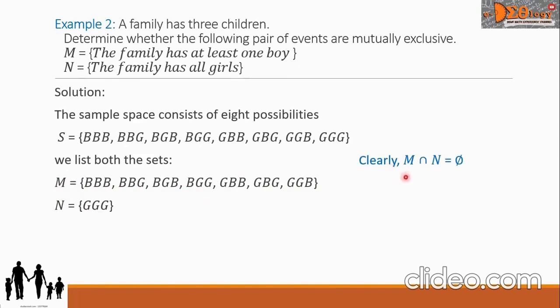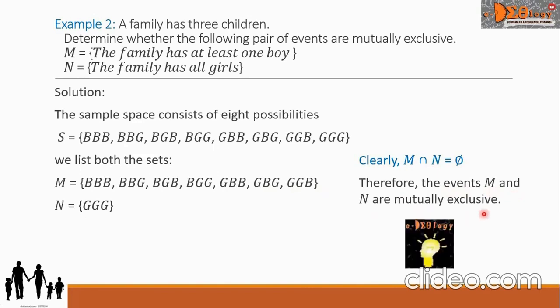Clearly, we can see that M intersect N equals 0, or we say there is no common element between M and N. Therefore, the events M and N are mutually exclusive. This is our final answer.